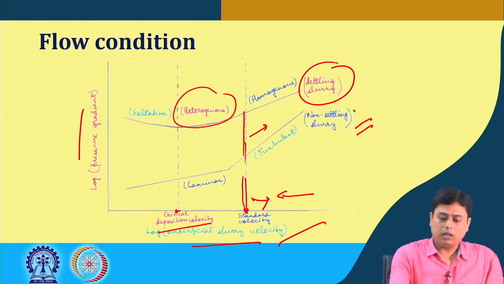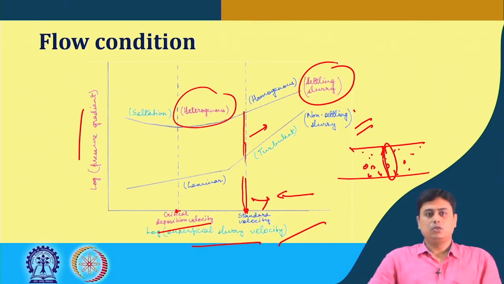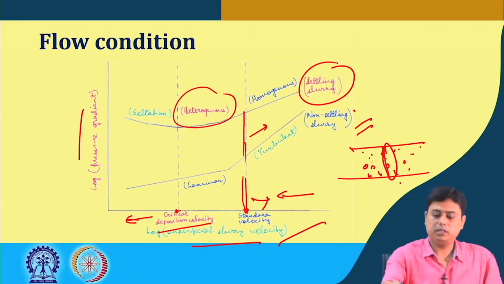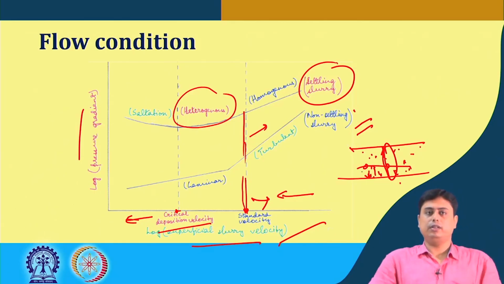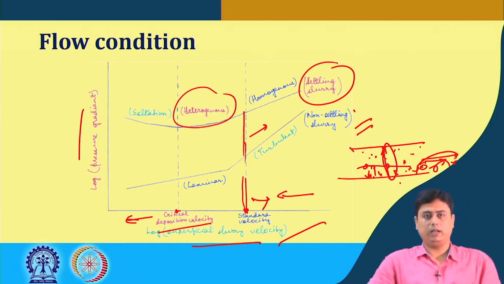So this is the scenario, the particles nearer to the bottom surface, and there is a sufficient concentration gradient along this surface. If we go below a certain velocity, called the critical deposition velocity, these particles settle, and once they settle we have the saltation regime. That means as they flow, they roll, slip, and jump over one another.